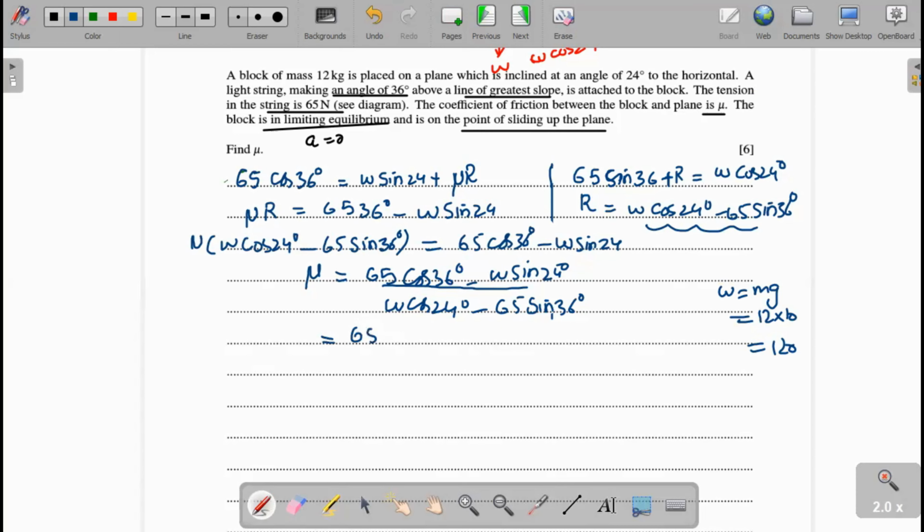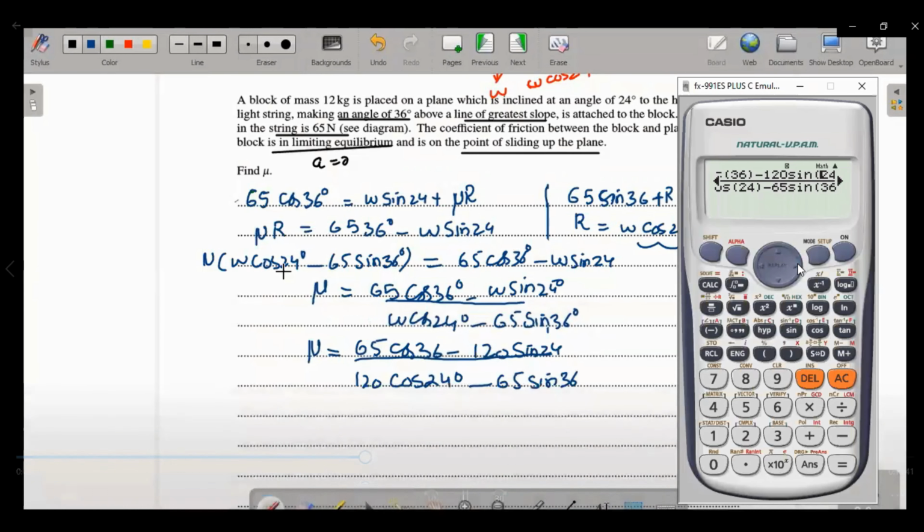We write it as mu equals (65 cos 36 minus 120 sine 24 degree) over (120 cos 24 degree minus 65 sine 36 degree).